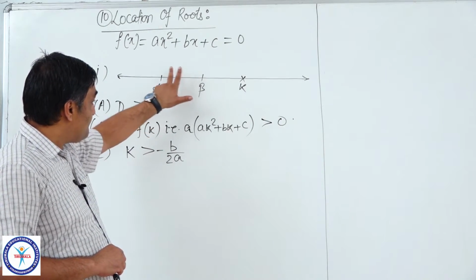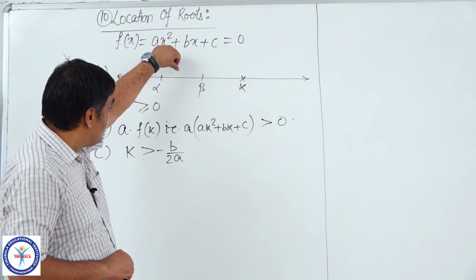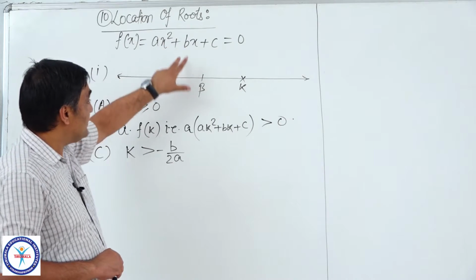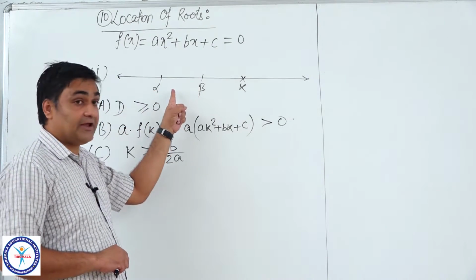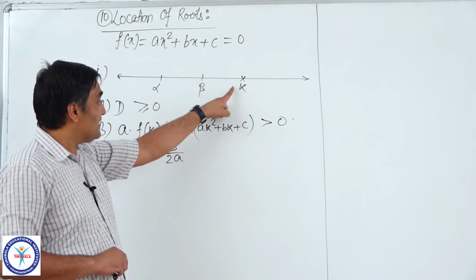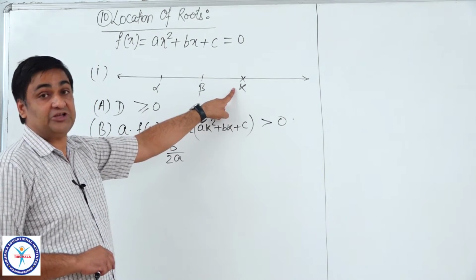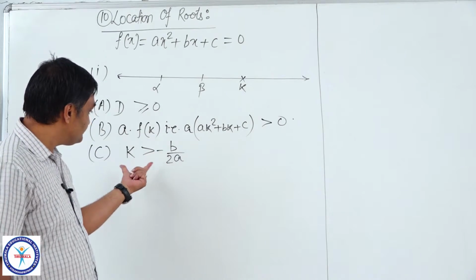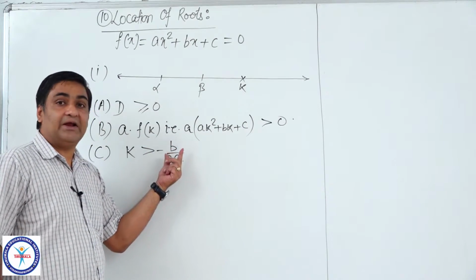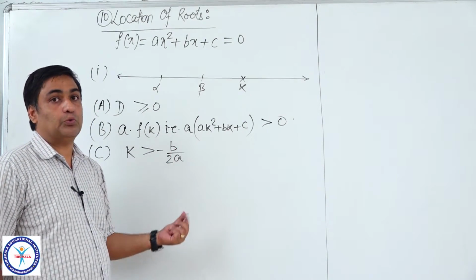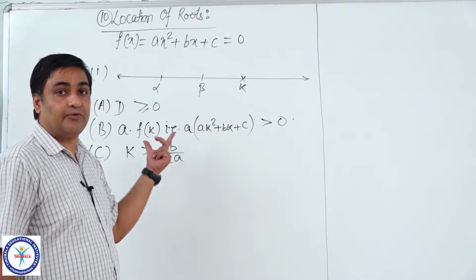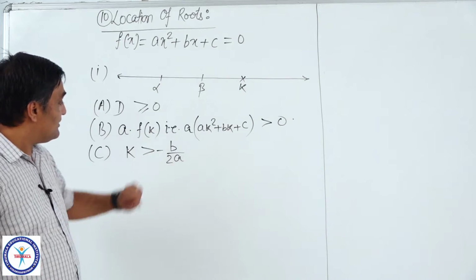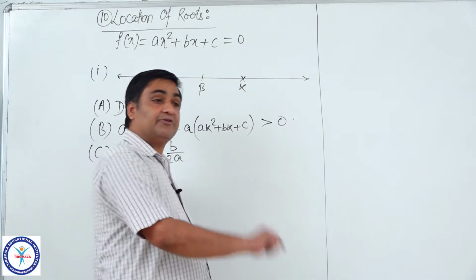Now alpha plus beta by 2 will lie between alpha and beta. So if the two roots are less than k, then k has to be greater than alpha plus beta by 2. So instead of writing alpha plus beta by 2, we work in terms of coefficients, so we have written minus b by 2a.